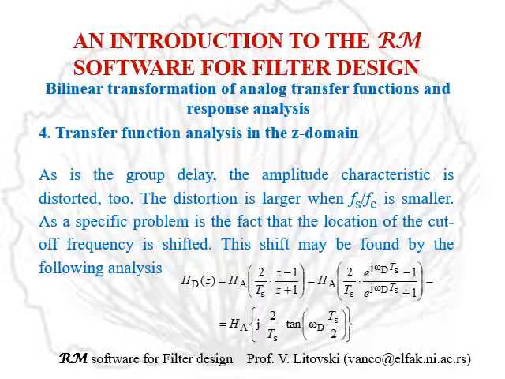But if Ts is not small enough, that means if the sampling frequency is not high enough, then very soon we will have distortions of the transfer function because of the introduction of the bilinear transform.